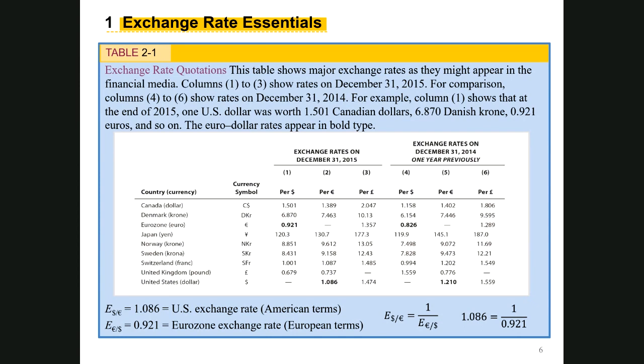So Canada loonies, what's the exchange rate of the Canadian loonies to the dollars? It's here. So what does it mean? $1 could buy 1.5 Canadian dollars. Some people call it loonie.